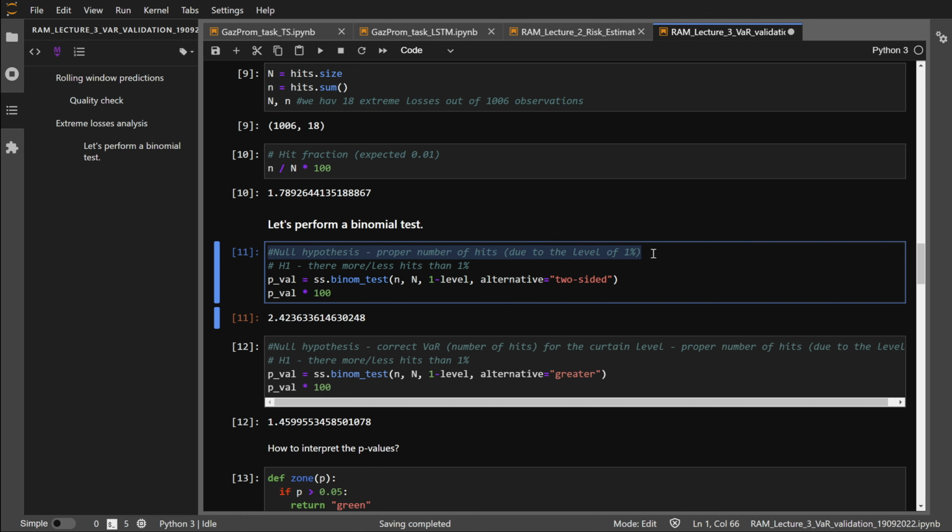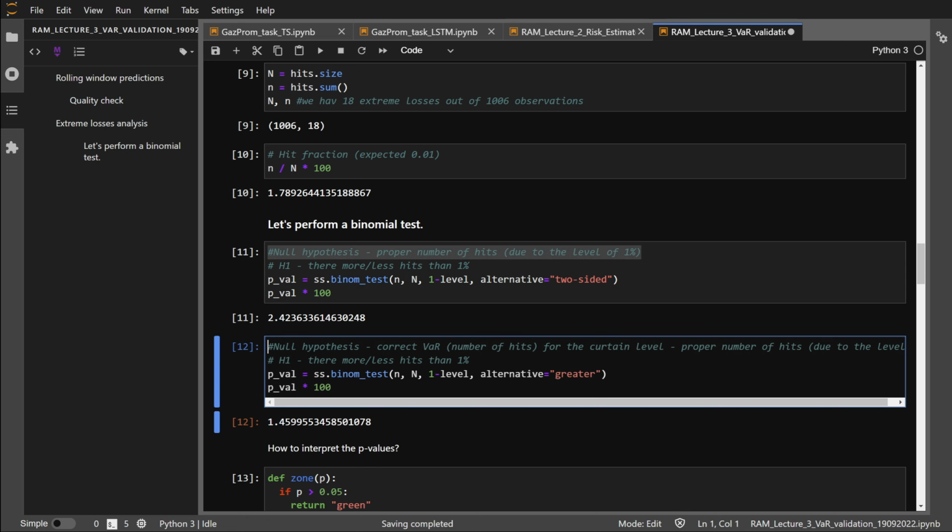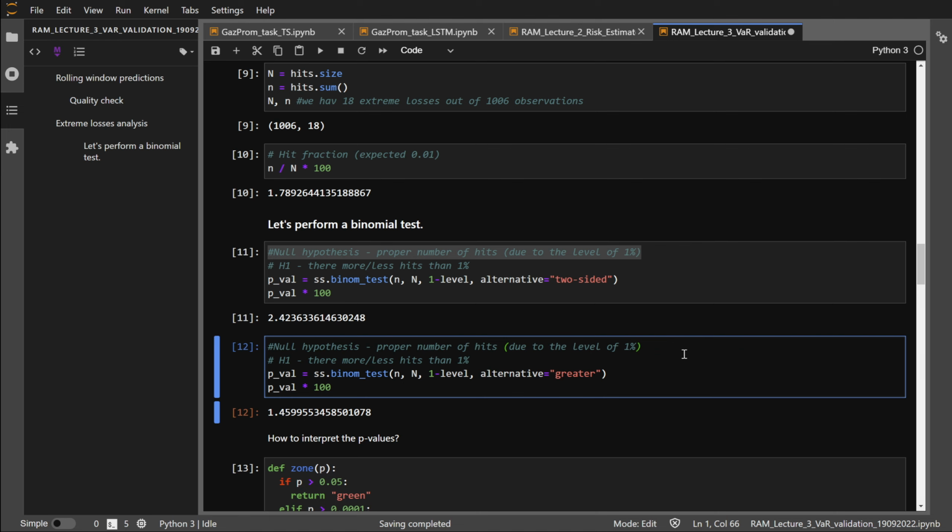Probably it's a higher confidence level than 99%, because the probability of hitting VAR is less than 1%.